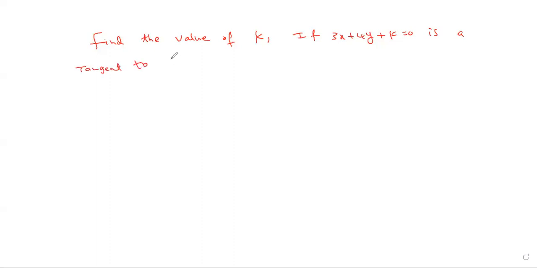Find the value of k if 3x plus 4y plus k equal 0 is a tangent to the hyperbola x square minus 4y square is equal to 5.